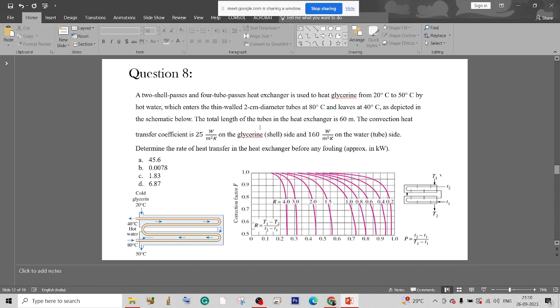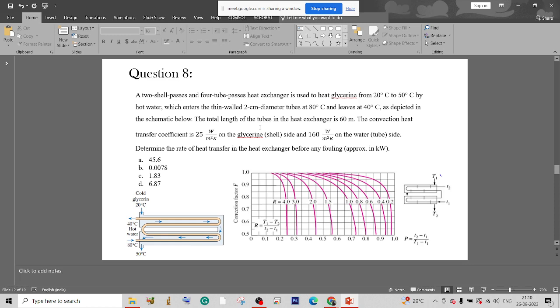The total length of the tubes in the heat exchanger is 60 meters, and the convection heat transfer coefficients are also given. For the glycerin shell side, the cold fluid side, it is 25, and for the hot fluid side it is 160. Determine the rate of heat transfer in the heat exchanger before fouling.